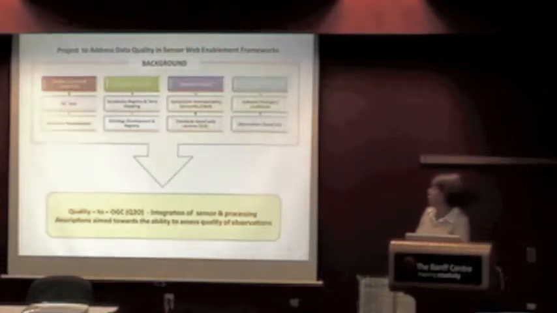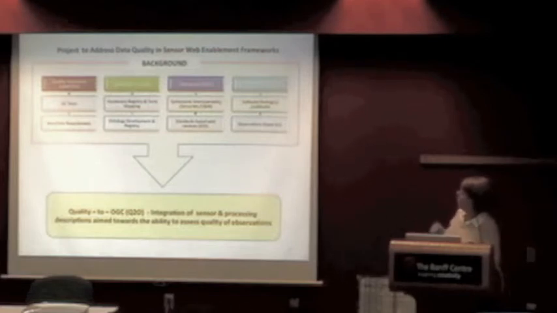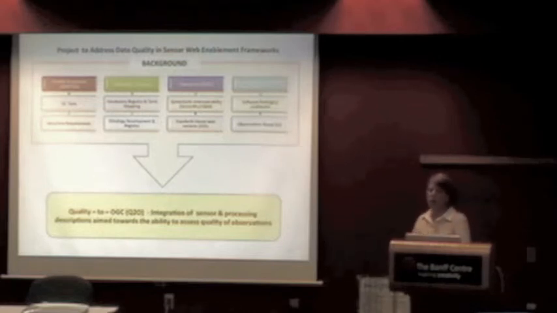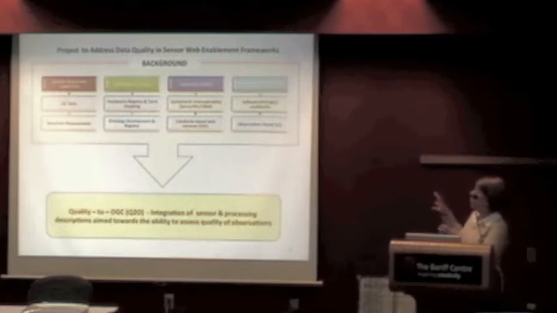This project Q2O came from a lot of different projects that brought me to this point in setting it up. I was working on QARTOD, and in that group, it's quality assurance for real-time oceanographic data. They had already worked to develop the QC tests. They're already defined, but they're not dealing with interoperability.